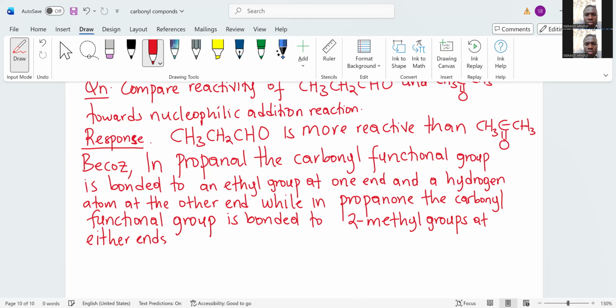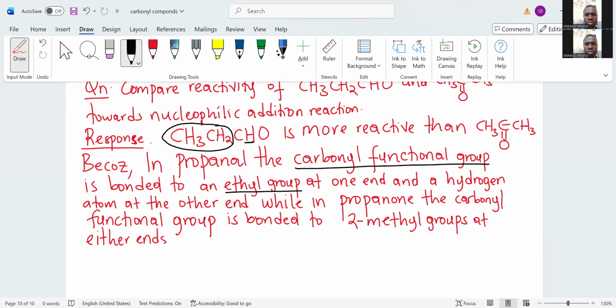I've said that in propanal, look at it very well, this one in black: the carbonyl functional group is bonded to an ethyl group, this ethyl group in black, and a hydrogen atom at the other end.